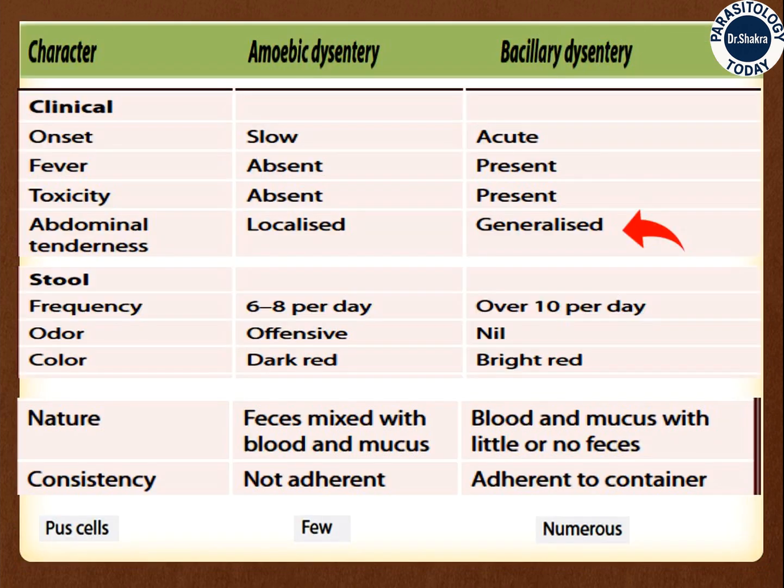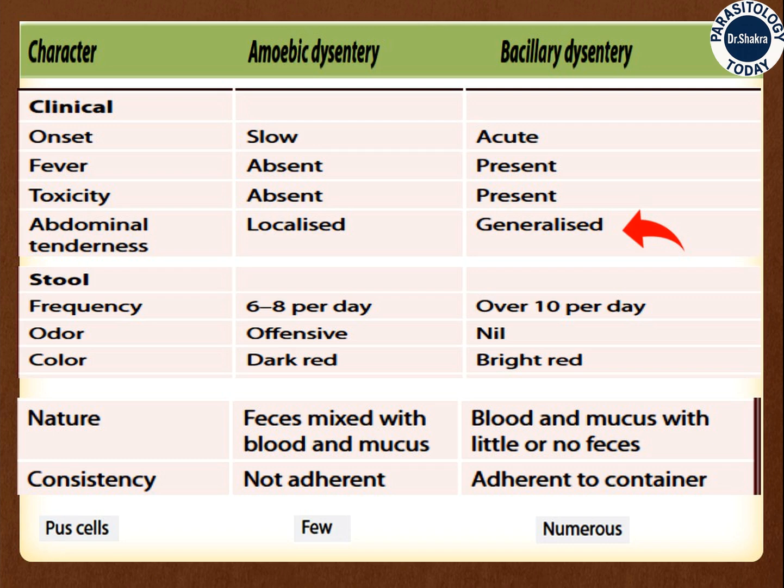This image elaborates on clinical and stool characteristics. Clinical features: amoebic dysentery. Slow onset, absent fever and toxicity, localized abdominal tenderness. Bacillary dysentery. Acute onset, fever and toxicity present, generalized abdominal tenderness. Stool characteristics: amoebic dysentery.